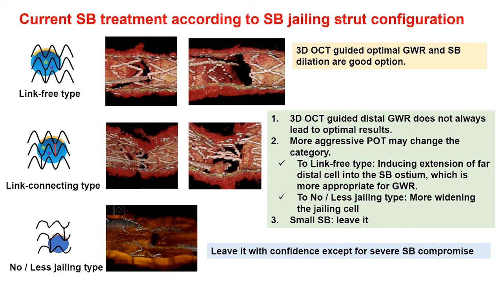In the link-connecting type, 3D OCT-guided distal wiring does not always lead to an optimal result. More aggressive POT may change the category to the LF type. In the no or less jailing type, we can leave it with confidence except for side branch compromise.